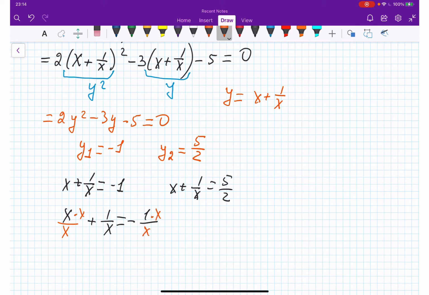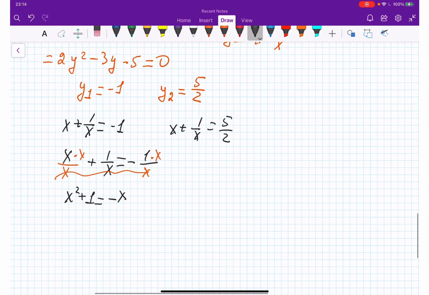Since in the equation we have the same denominator across the equation, we can drop it, remember? And we are getting x squared plus 1 equals negative x. Okay, and moving over, x squared plus x plus 1 equals 0.